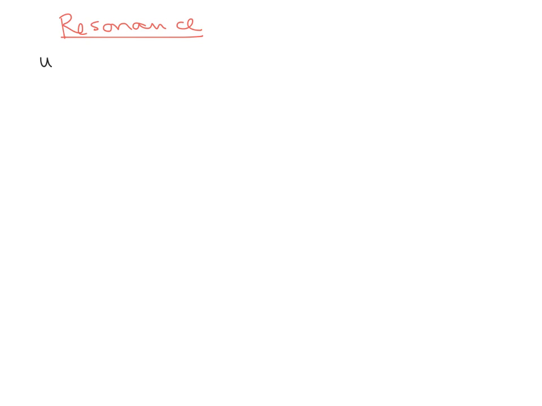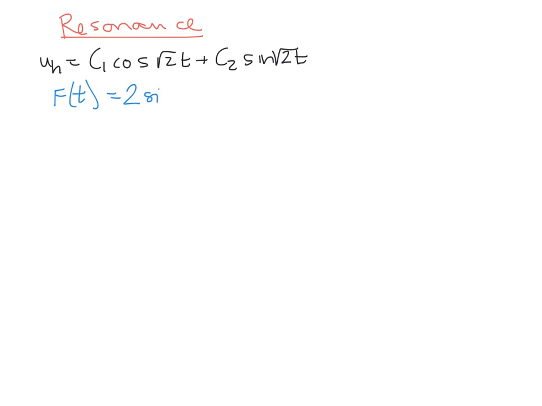All right, so for resonance, let me go back to what we had there. Our homogeneous solution was C1 cosine of root 2t plus C2 sine of root 2t. So if our forcing function was 2 times the sine of not just t, but root 2t, then we would have resonance.